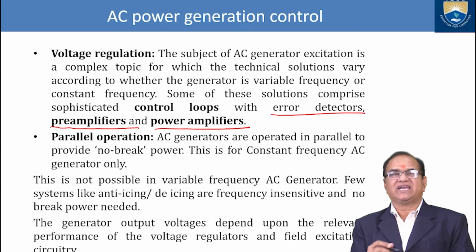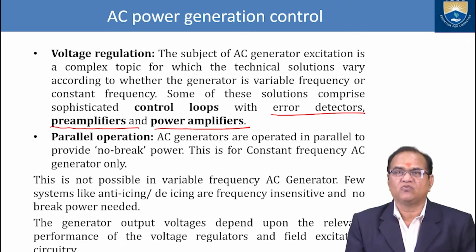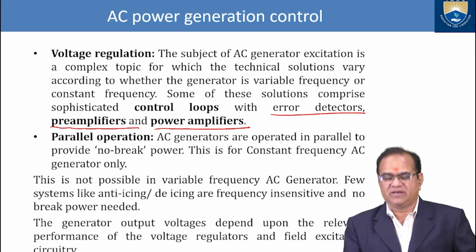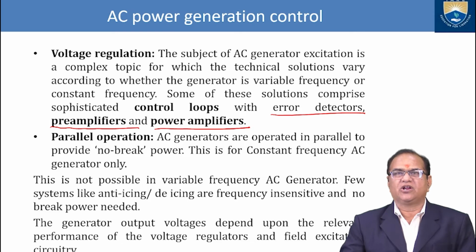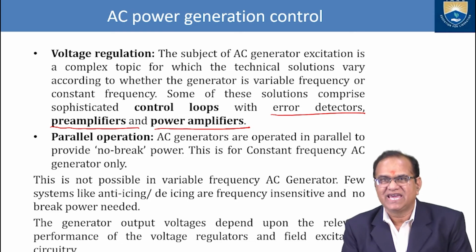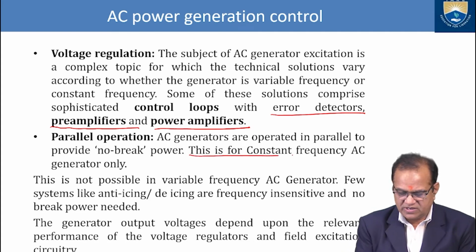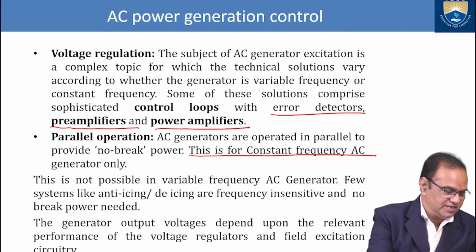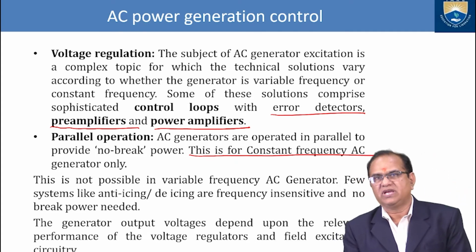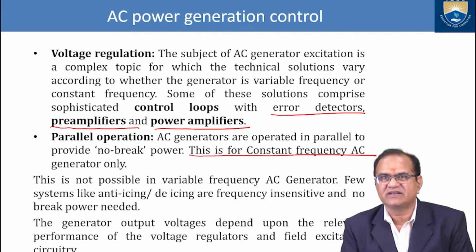Now the second option, parallel operation: how the parallel operations are going to work. Alternating current generators are operated in parallel to provide no break power. This is for constant frequency AC generators only. This is not possible in variable frequency AC generators.